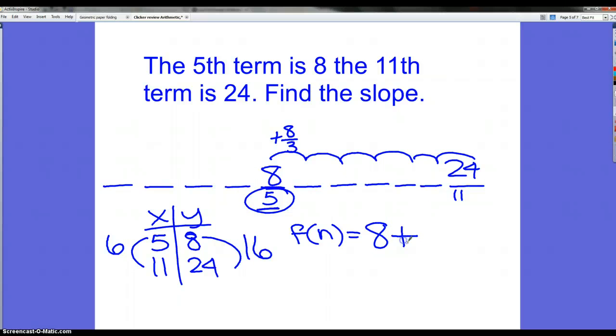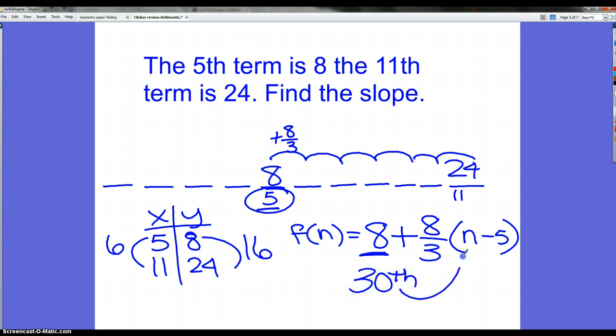So plus 8/3, because that's our pattern number, and then we're going to have n minus 5, because 8 here is the 5th number. And then from there we can find any term we want. So if I want the 30th term, I can plug in 30 for n, and I can get that number.